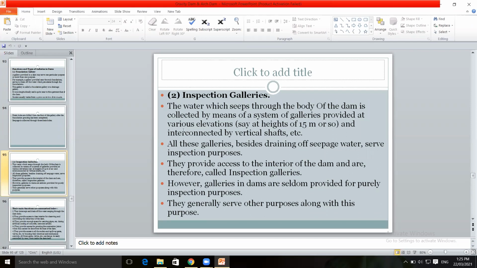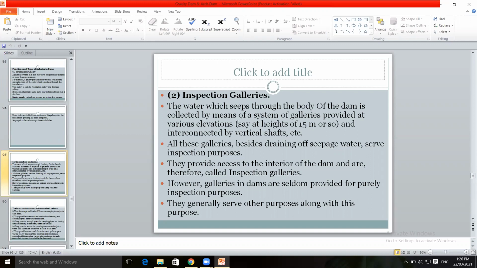Inspection galleries. All these galleries, besides draining of seepage water, serve inspection purposes. What is the main purpose? One function is draining of seepage water, to drain off the water.